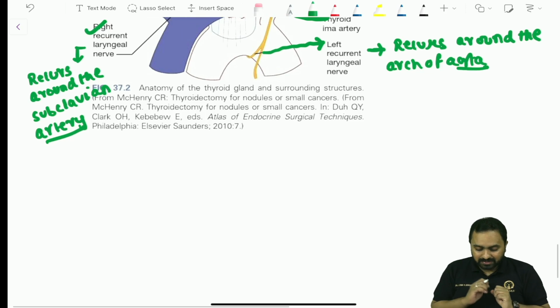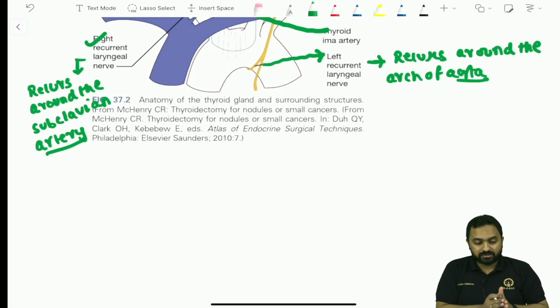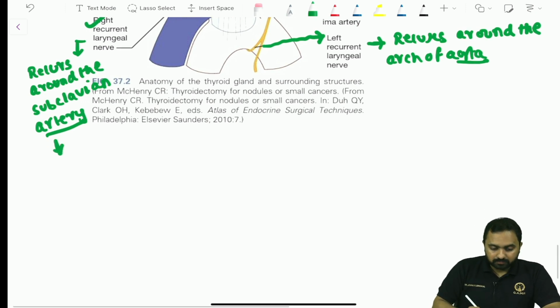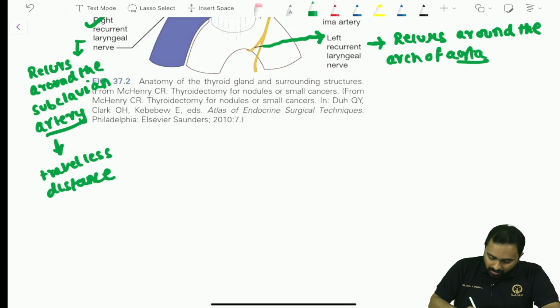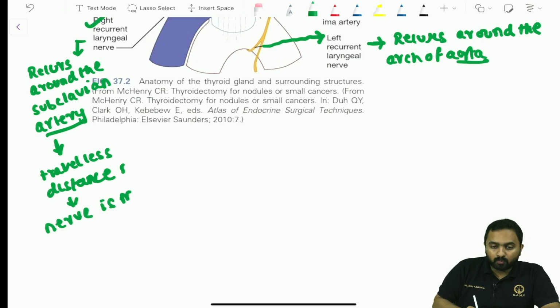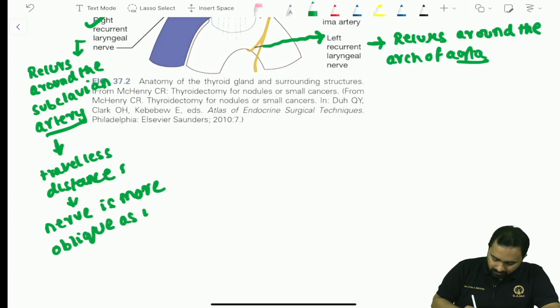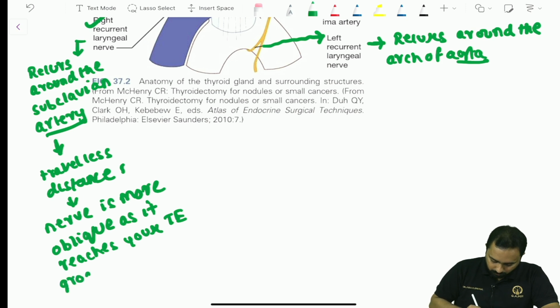So now what happens is that since the right recurrent laryngeal nerve is recurring around the subclavian artery, it has to travel less distance, right, as a result of which the nerve is more oblique as it reaches your tracheoesophageal groove.